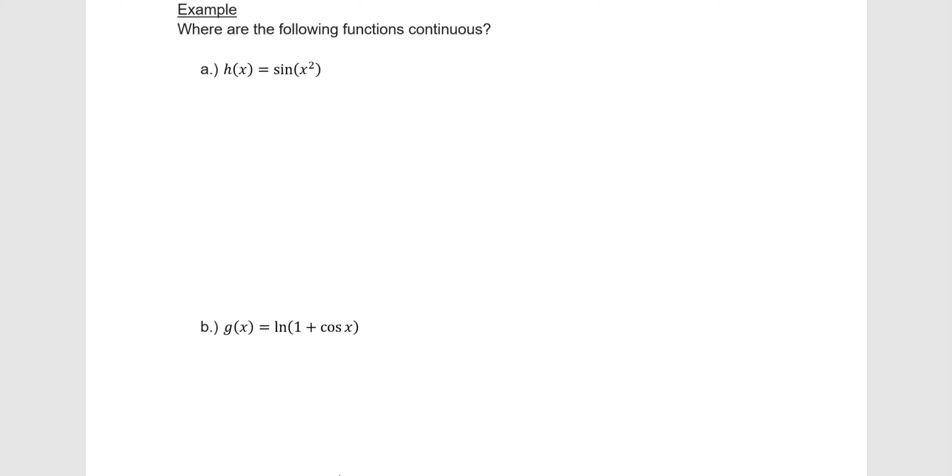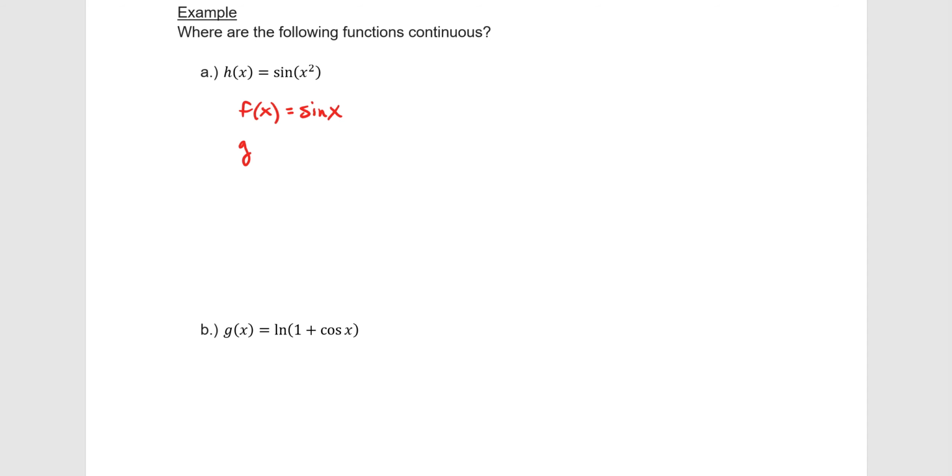Where are the following functions continuous? h of x is sine of x squared. If you wanted to break it down into f of g of x, then f of x would have to be sine of x, and g of x would have to be x squared, because f is the outer one. So f of g of x is sine of g of x, sine of x squared, which is h of x.